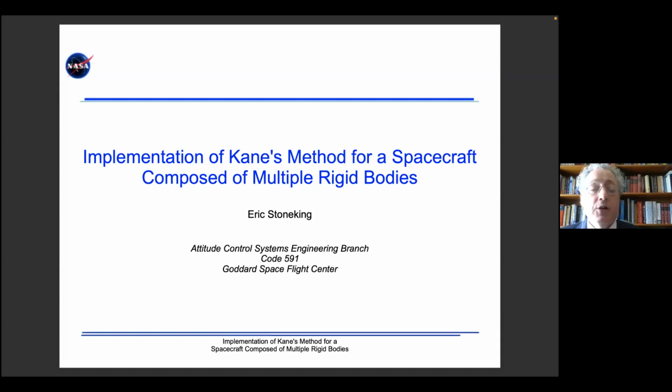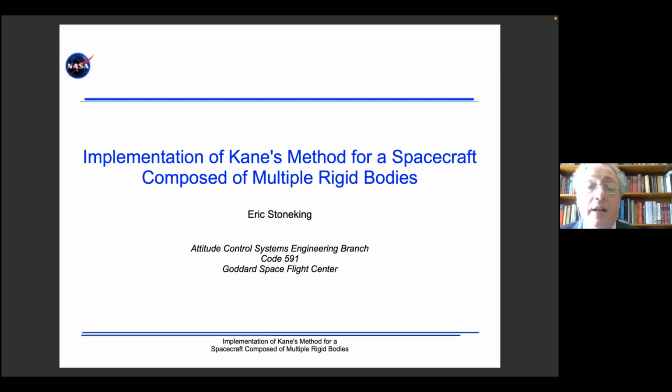So it is my pleasure to introduce to you Mr. Eric Stoneking, who is a senior engineer for the ACS Systems Branch at NASA Goddard Space Flight Center. He's currently the ACS Analysis Lead Engineer for the Nancy Grace Roman Space Telescope project.